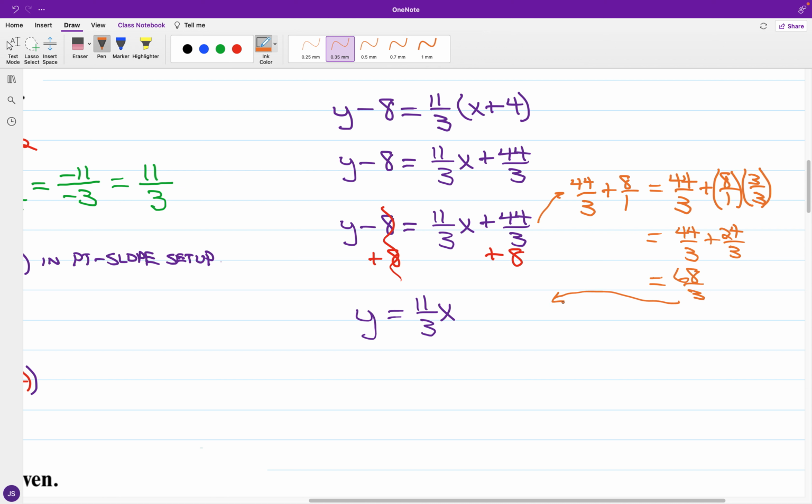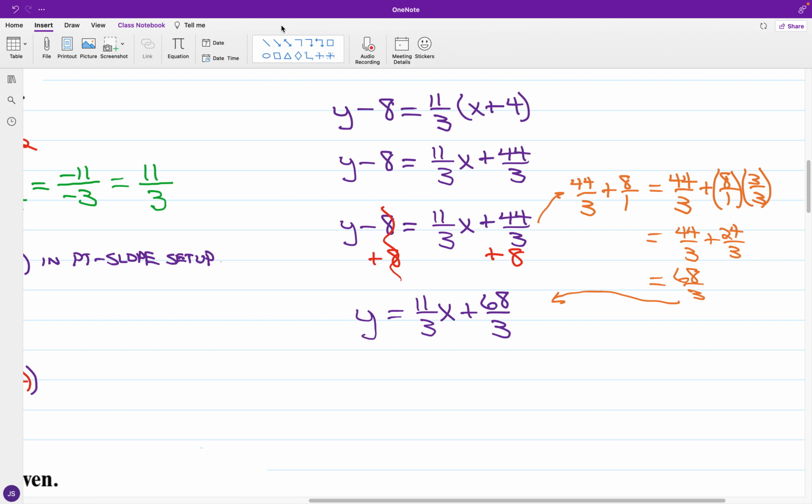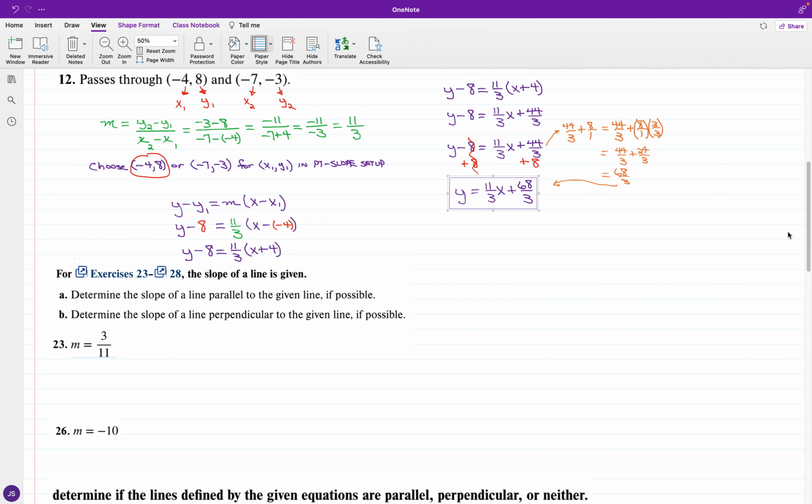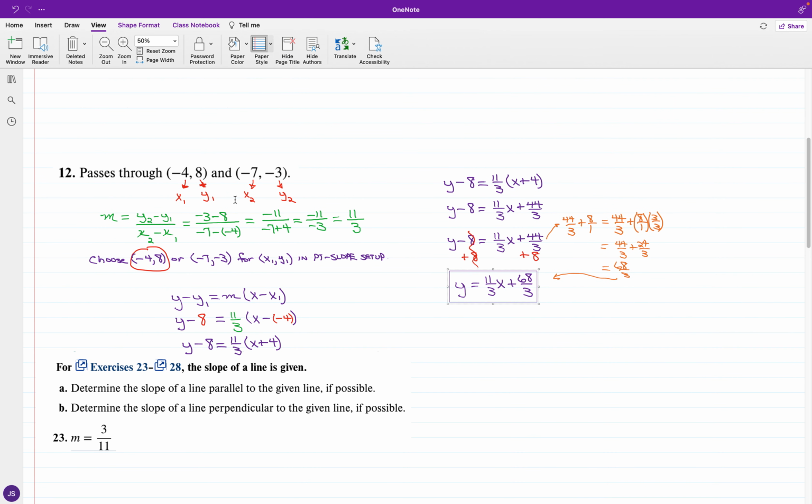All right, and arriving at the sum, it's going to turn out that for the slope intercept form, we're going to have that y is equal to 11/3 of x plus 68/3. Now, looking at what we have now, again, for the slope intercept equation of this line, we have y is equal to 11/3 of x plus 68/3.